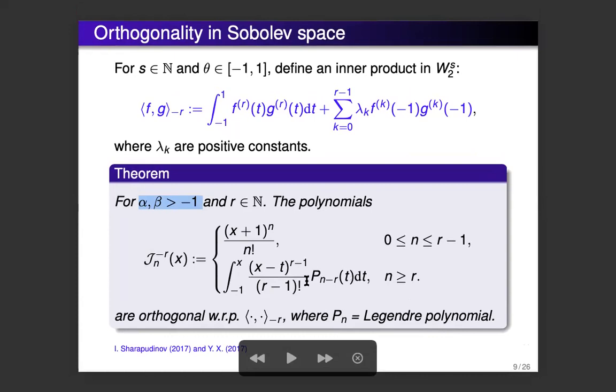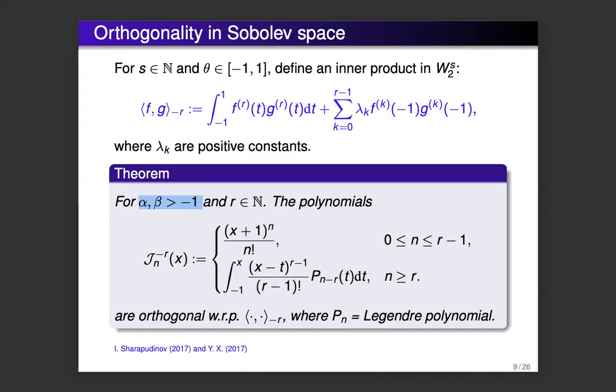Well, from calculus, we know this really is the error term of the Taylor expansion type of thing. So you are simply doing this. Then these are in fact orthogonal polynomials with respect to this inner product, where Pn is the Legendre polynomial. So you're simply taking the r-fold antiderivative of the Legendre polynomial.